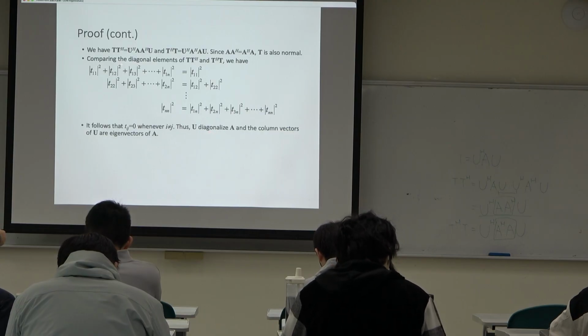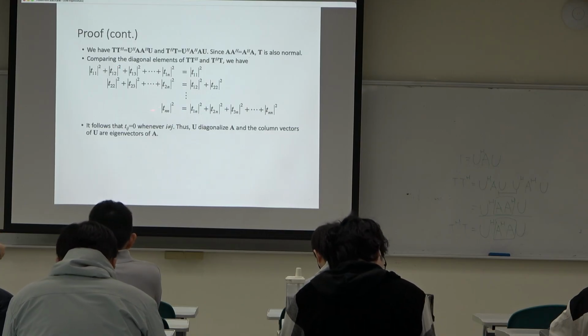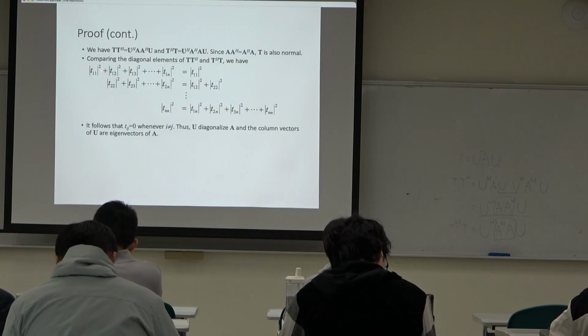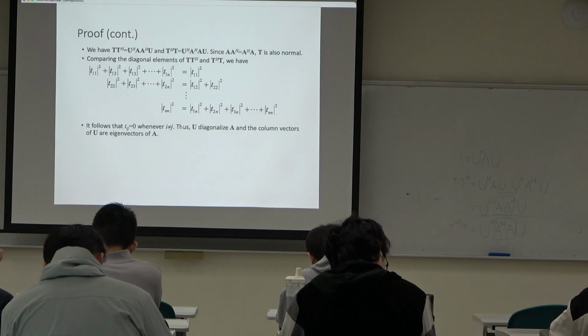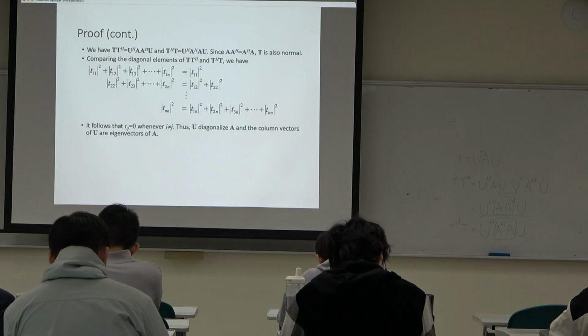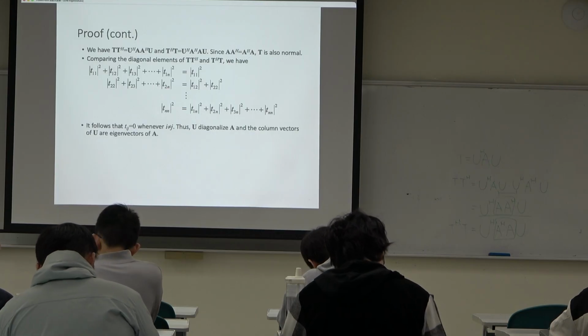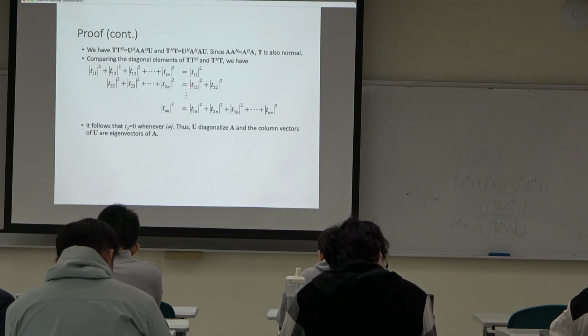Because these are squared, they are greater than or equal to 0. So the only way to make these formulas equal is that only T11, T22, ..., Tnn are nonzero. All the others must be 0. So it follows that Tij is 0 whenever i is not the same as j.